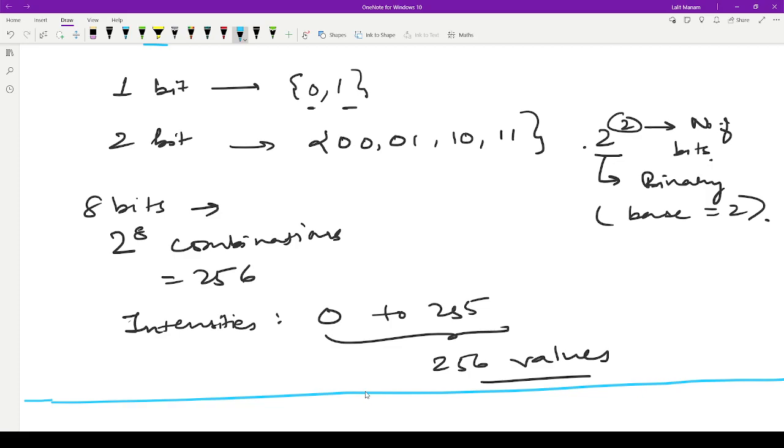If I say that for each channel, every pixel is encoded with 8 bits, how many total combinations of colors can you get?